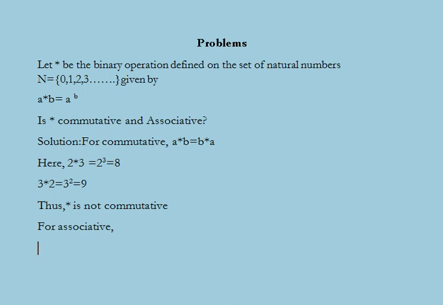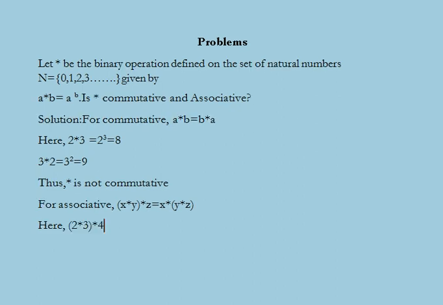Next we are going to find out whether the given binary operation is associative or not. Now, as discussed in the previous segment of this lecture, for a binary operator to be associative, we have bracket x star y bracket close star z is equal to x star bracket y star z bracket closed, where x, y and z can be any natural number as specified in the given problem.